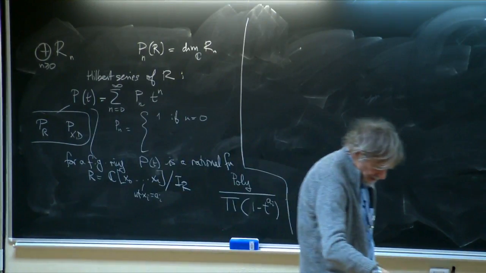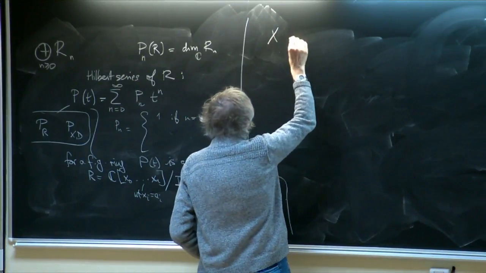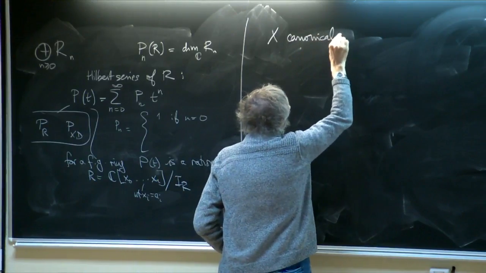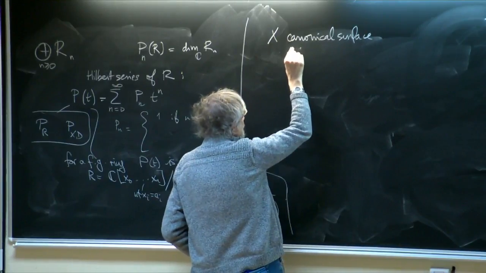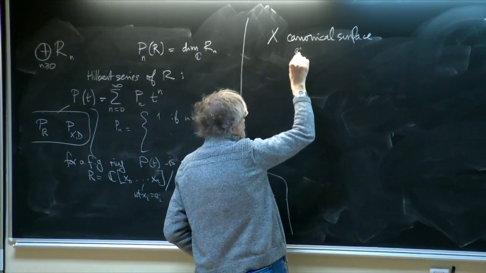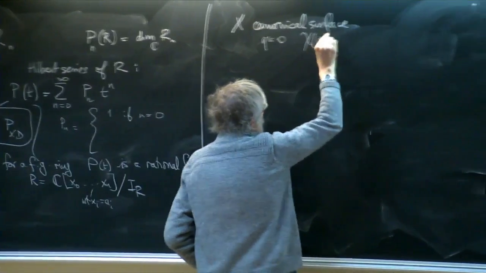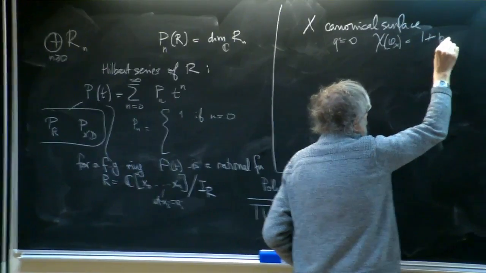So let me repeat this for x a canonical surface. And I want to assume that q equals 0, so chi is 1 plus pg.